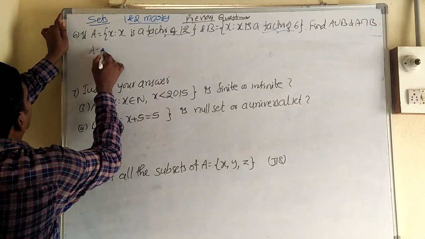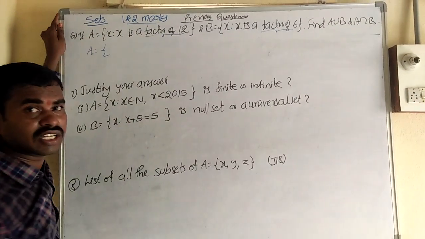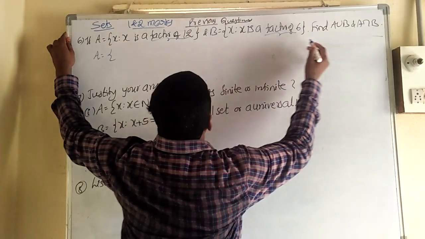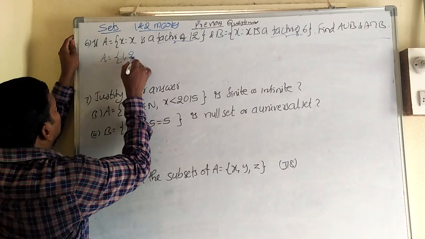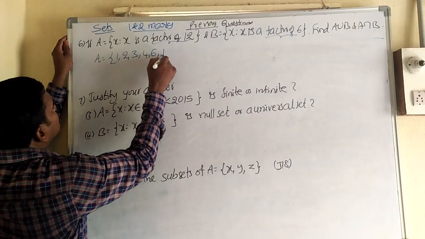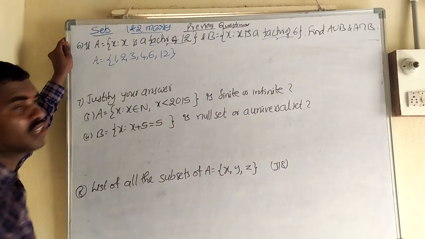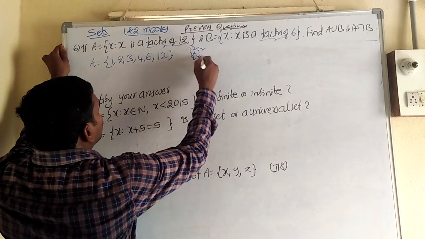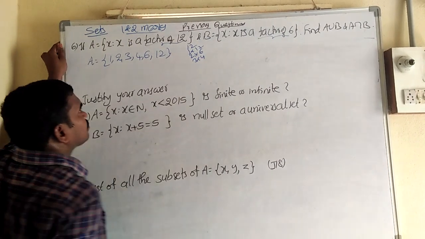So what are the factors of 12? 1 table, 2 table, 3 table, 4 table, 6 table, 12 table. So A means 1, 2, 3, 4, 6, 12. Say 12: 1 into 12, 2 into 6, 3 into 4.